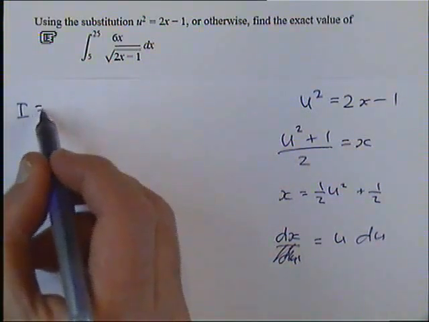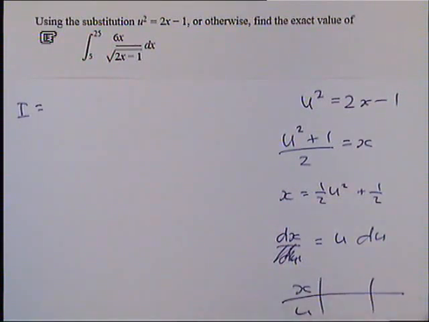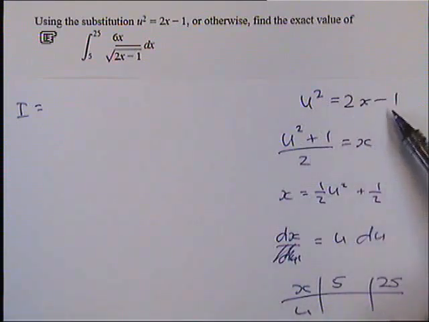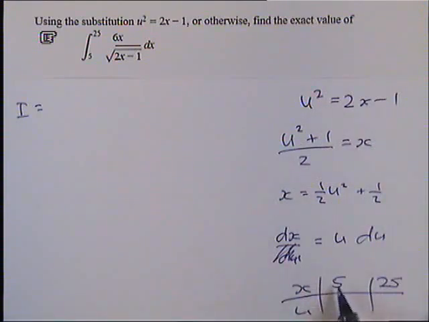So my integration, it's got limits, so I need to change my limits. I'm going from x's to u's, and when x is 5 and 25 is what I'm interested in. So u is this thing over here square rooted. So I double the x value, so here I'm going to get 10, take 1 away, that'll give me 9, that's what u squared is, so u will be the square root of that, so that will be 3.